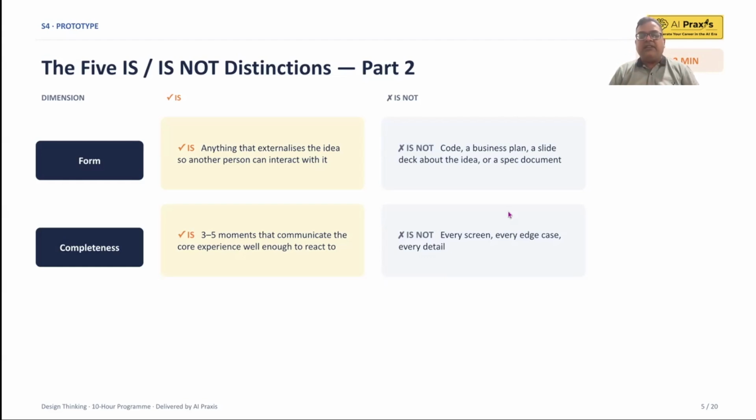Instead, build only the critical journey: selecting food, placing the order, and receiving confirmation. If those moments work, you have already learned something valuable. So remember, innovation happens by reducing uncertainty, not by increasing complexity.